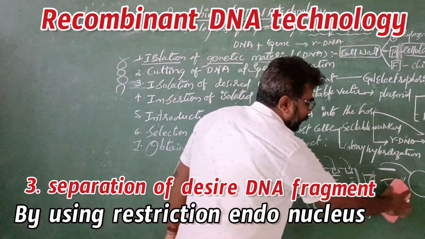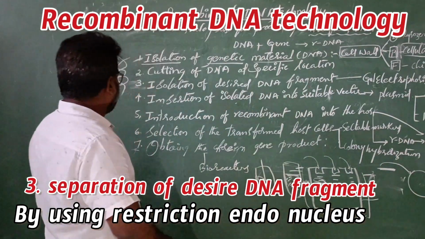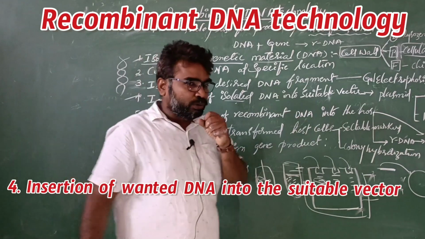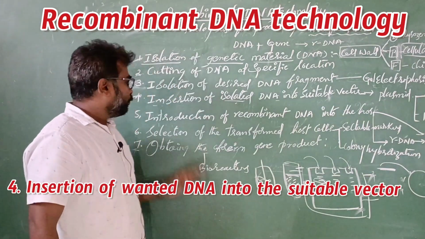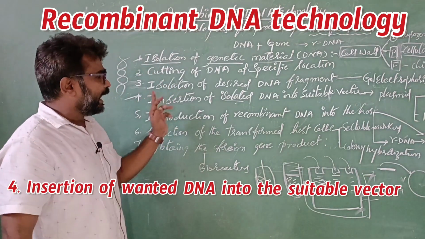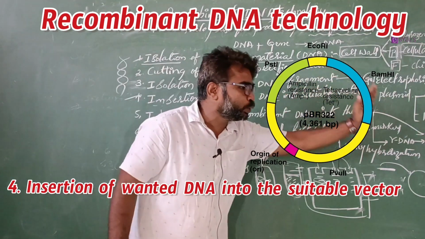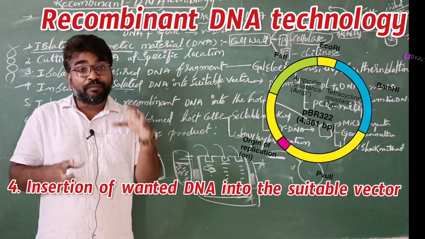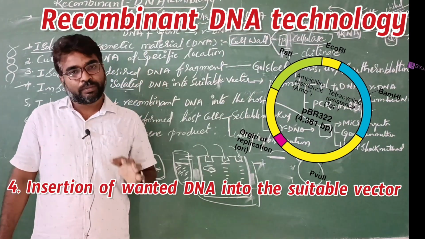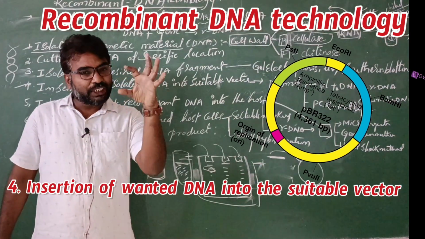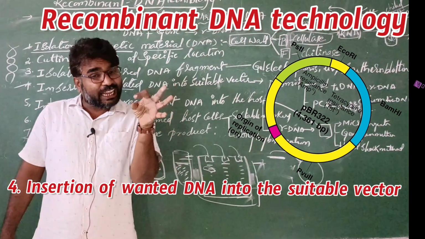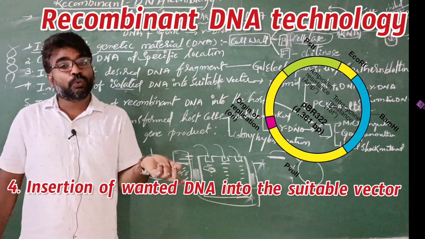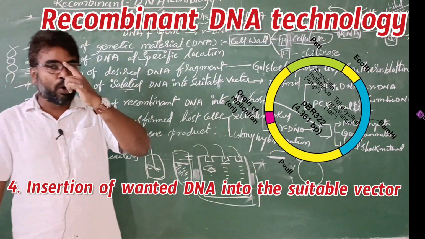What is a vector? Let us see the fourth step: insertion of isolated DNA into a suitable vector. Vector means the material which can be transferred into another living organism.